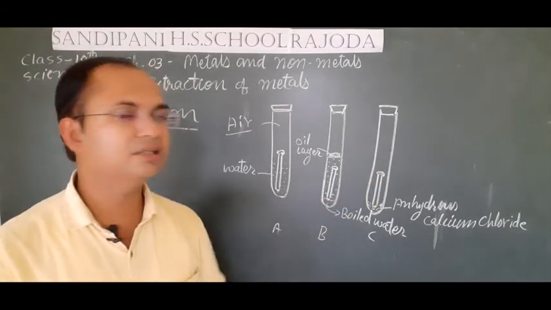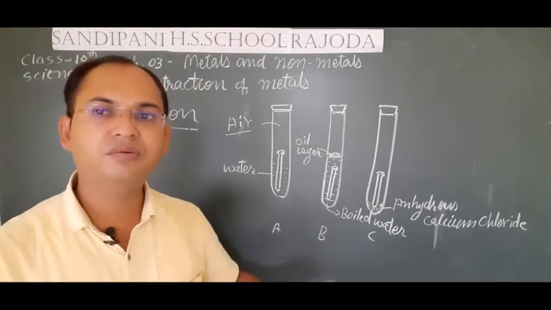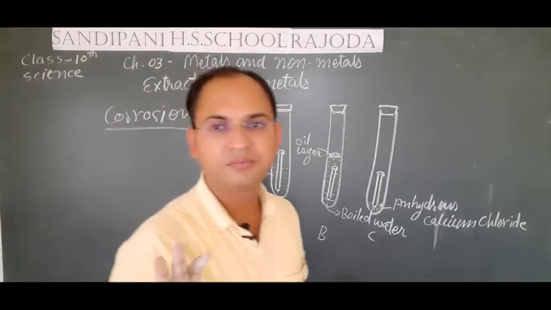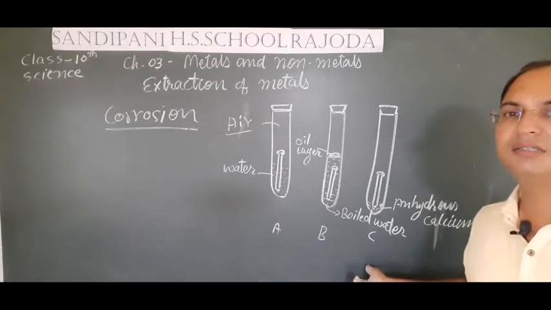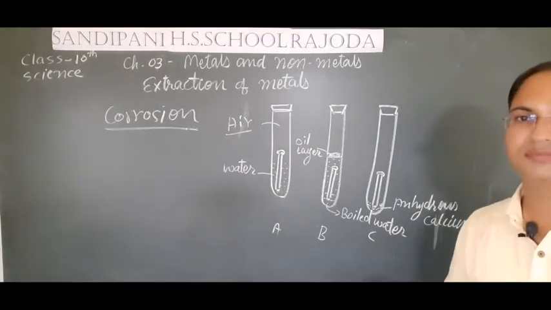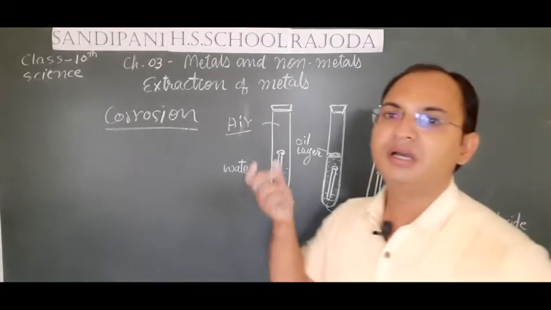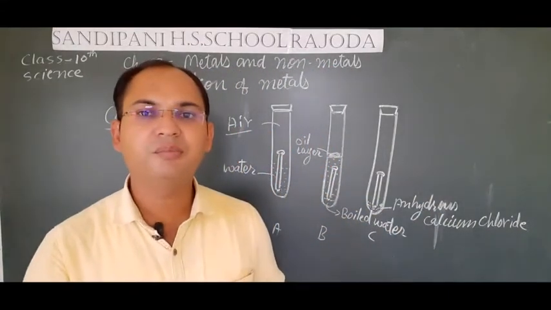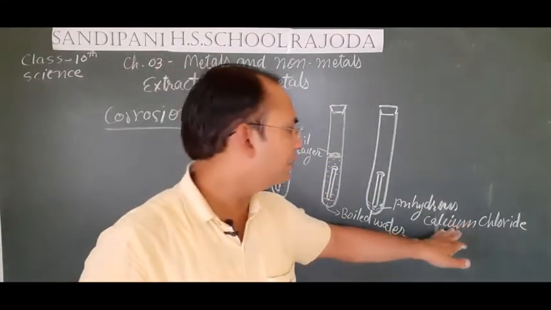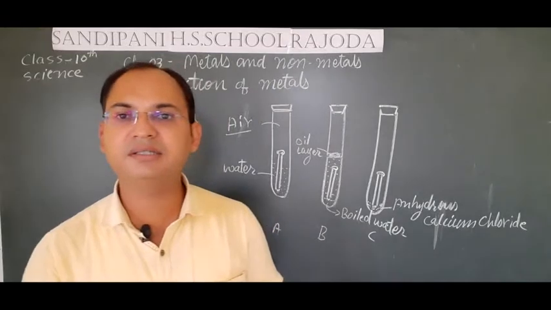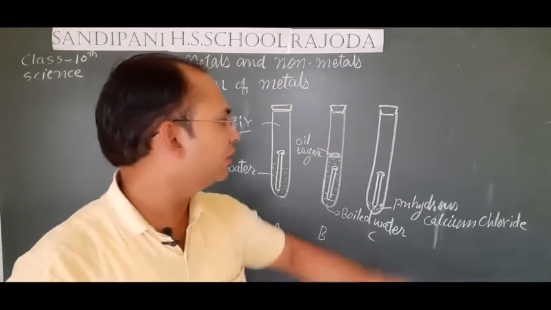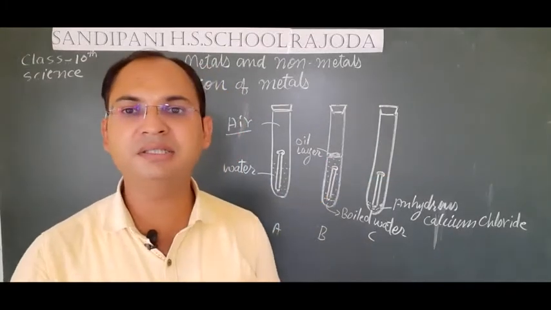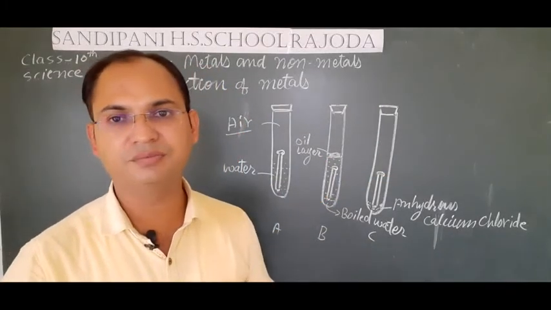And in the third case, we have taken no water, but instead we have put in anhydrous calcium chloride powder. The reason for taking the anhydrous calcium chloride is that it absorbs the moisture present in the air inside the test tube.